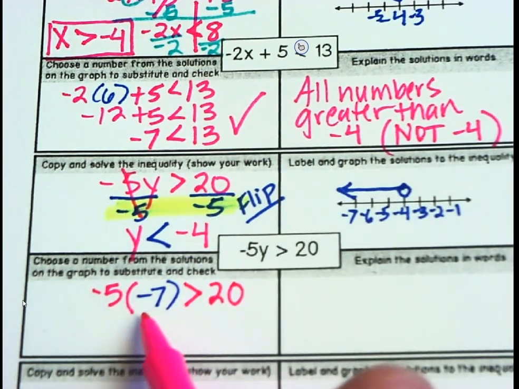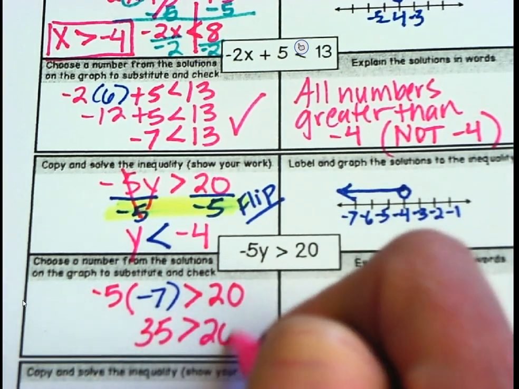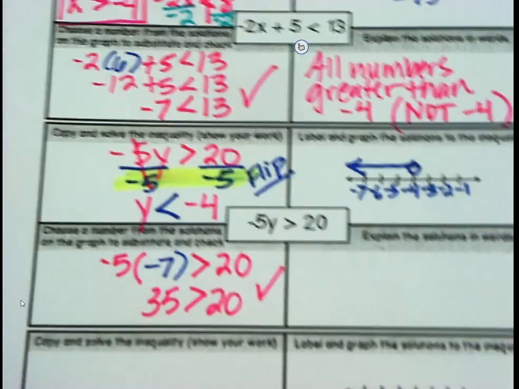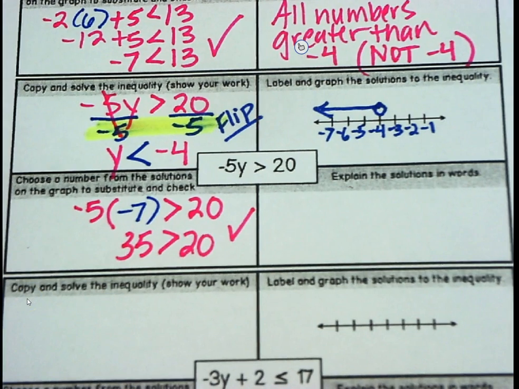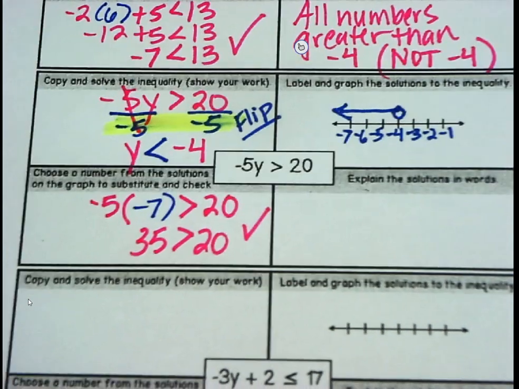And -5 times -7 is 35. 35 is greater than 20, so it checks. So the solution in words would be all numbers less than -4.